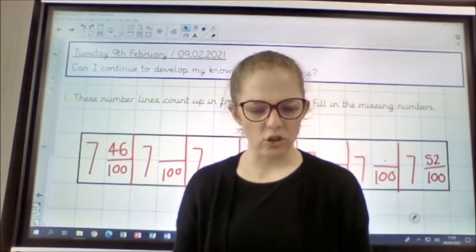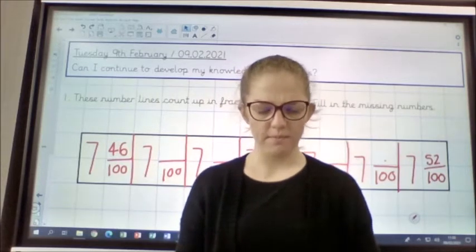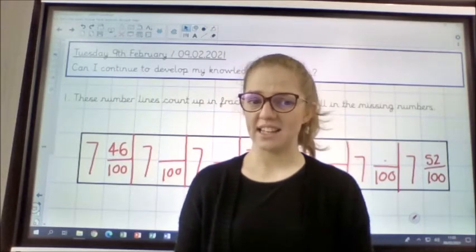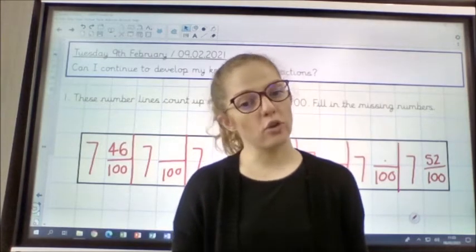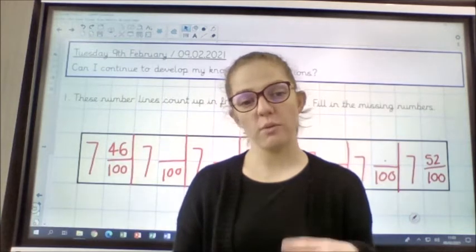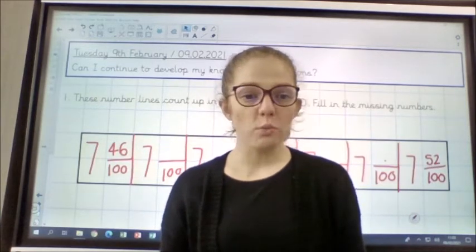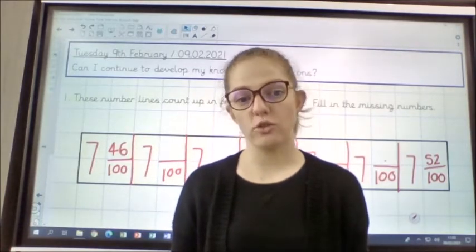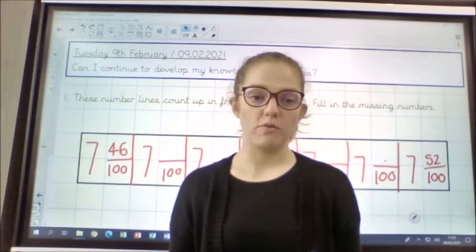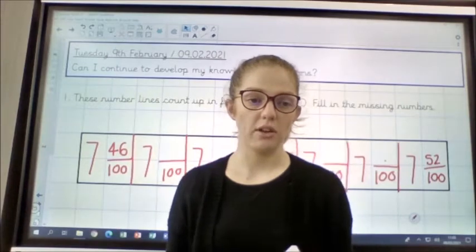We haven't really done much regarding fractions yet in school, so this is the first time you're looking at fractions in Year 4. If it is a little bit tricky, don't worry, that's fine, because we can have a look at what it is that you've found tricky whilst you've been having a go at fractions at home, okay?